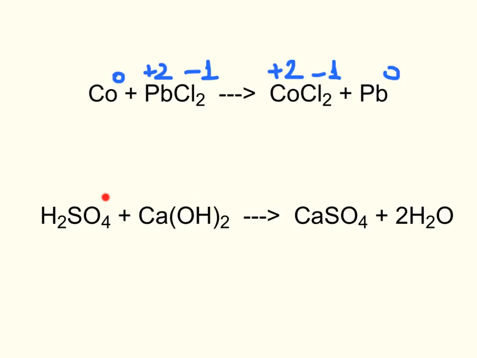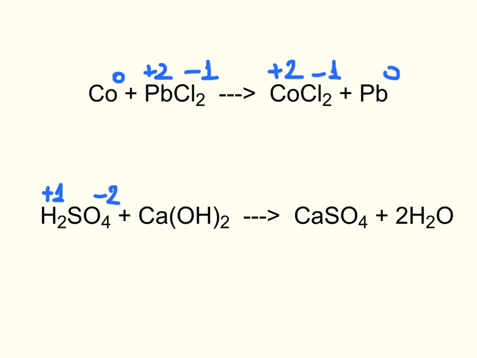Now let's work with this reaction, the reaction of neutralization, as you can see. Because we have acid reacting with base, producing salt and water. But let's concentrate on oxidation numbers. So we have hydrogen, which is always plus 1. We have oxygen, which is always minus 2.